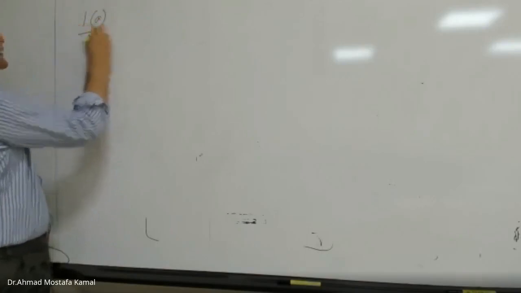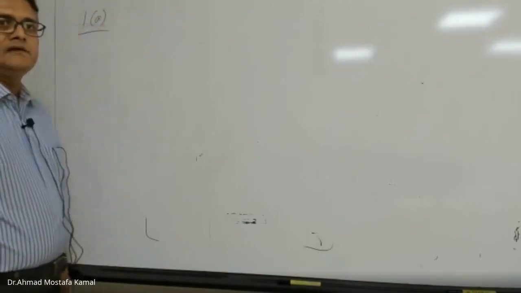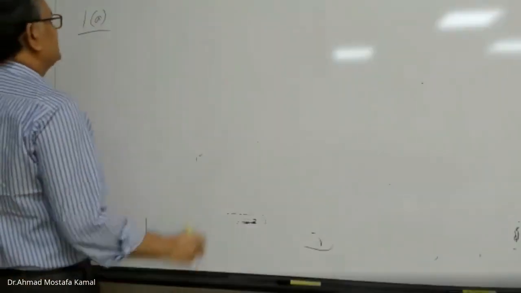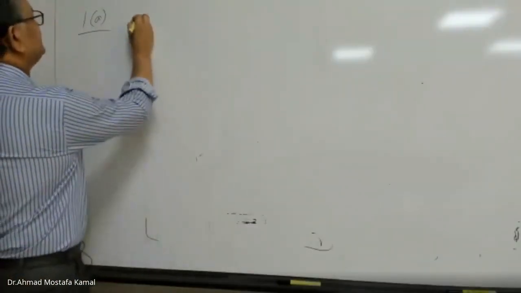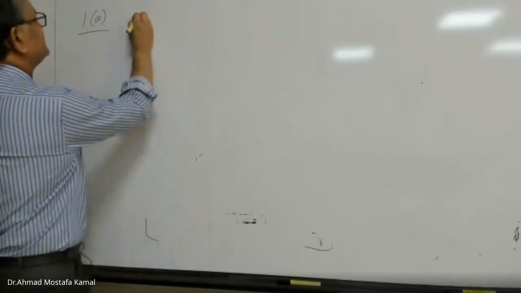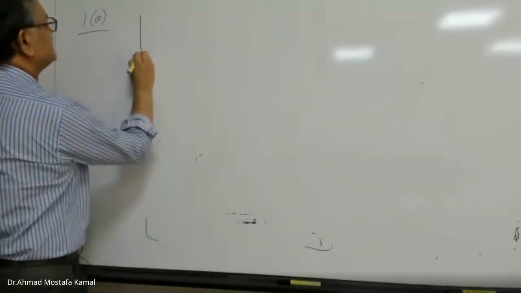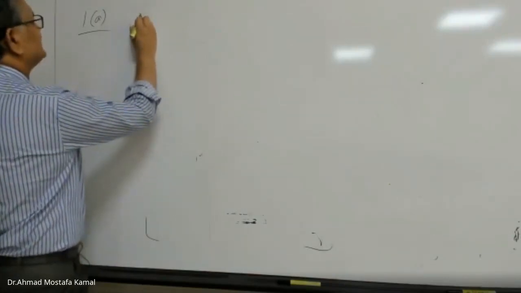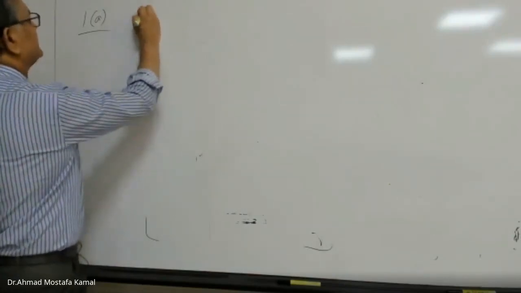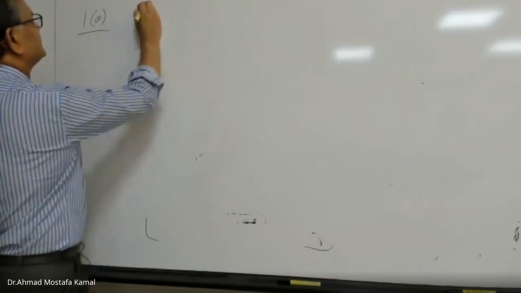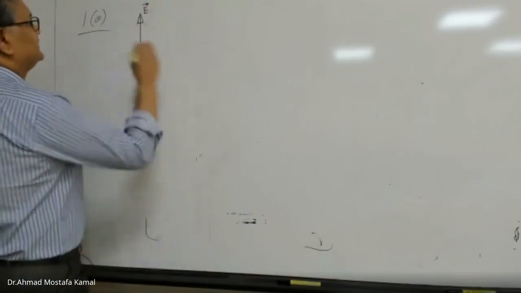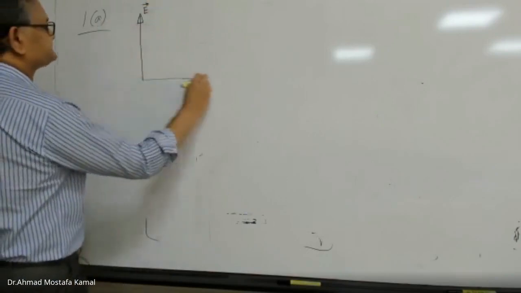Can you see this one? Yes, sir. Okay, it is said that a charge is placed in an upwardly directed electric field. So this is the direction of the electric field, upward direction, y-axis, and the value is given also.